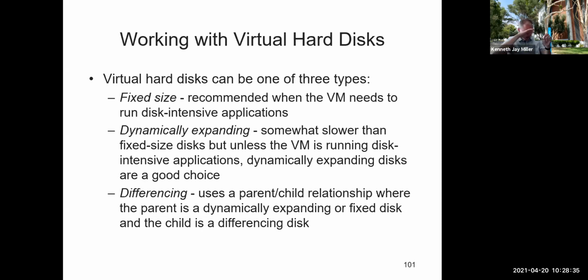We're going to talk about differencing disks next week and use those. That's how we're going to do the parent-child relationship between the parent's hard drive and the child's hard drive. The differencing disk uses the parent-child relationship.